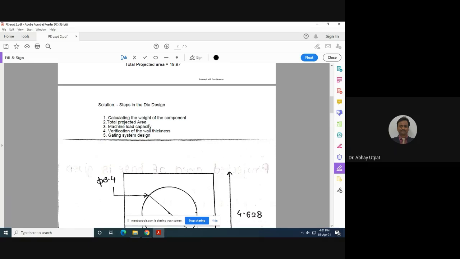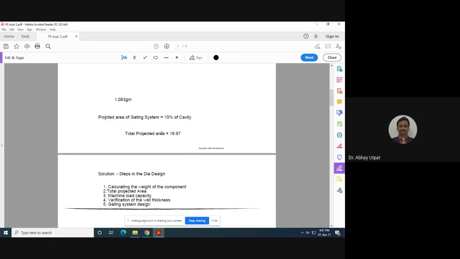Very simple case. Here some data is required.